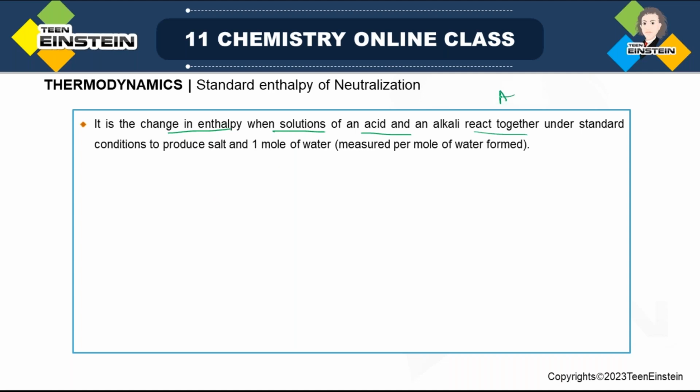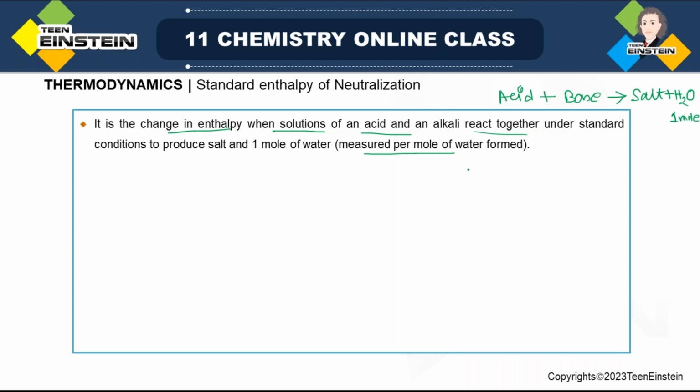We know when we add acid and base, the products we get are salt and water. Fine. Now here it is written that it is measured per mole of water formed. So suppose in this case you can see 1 mole of water is formed.